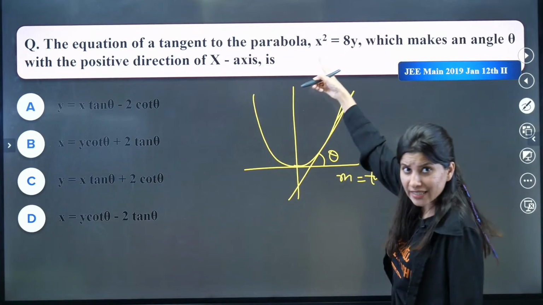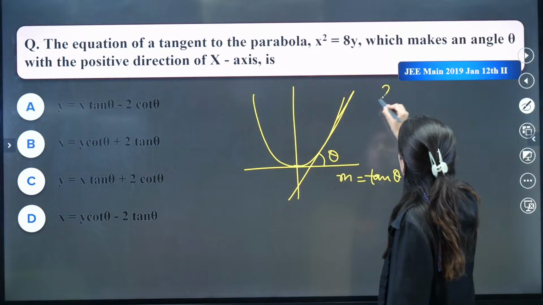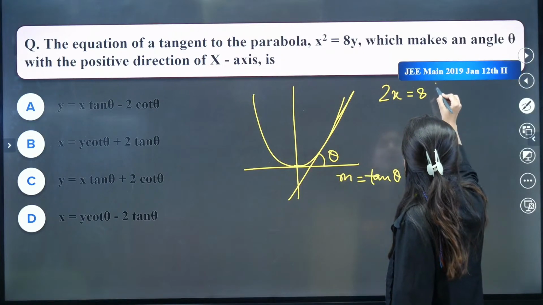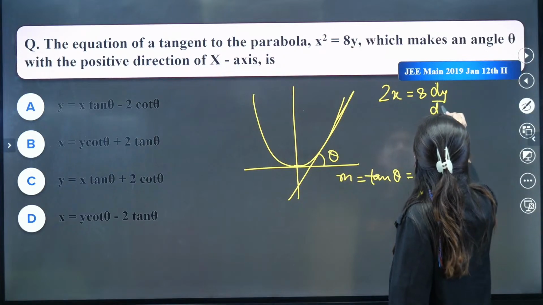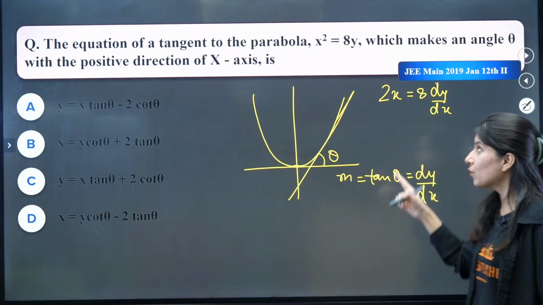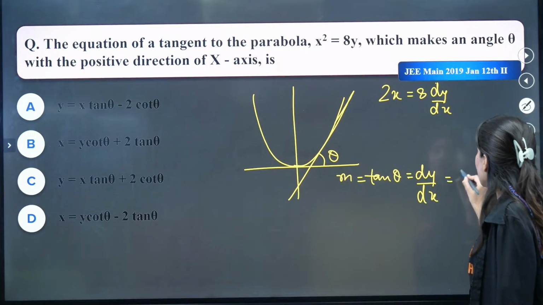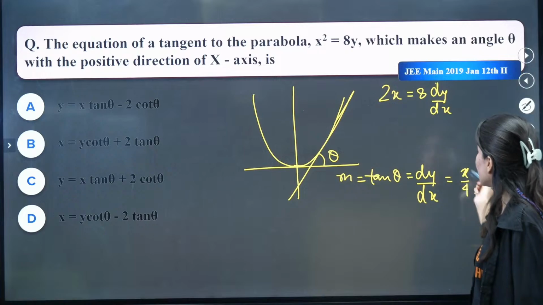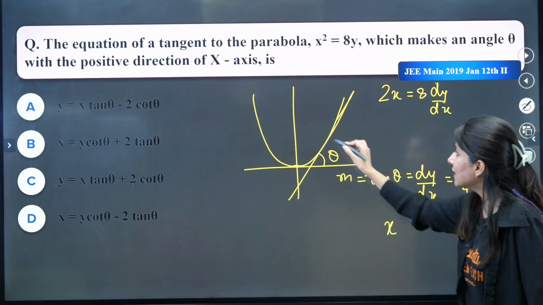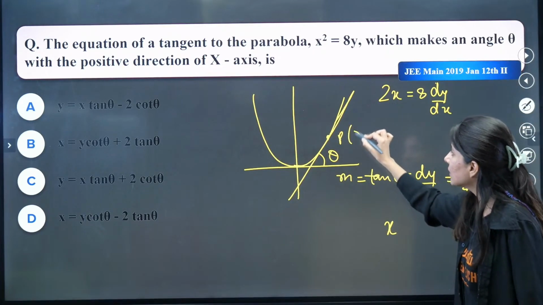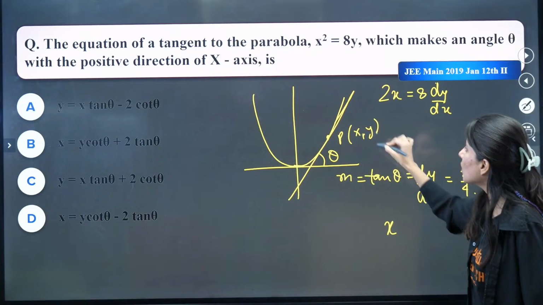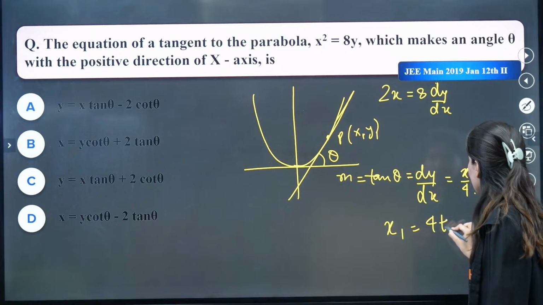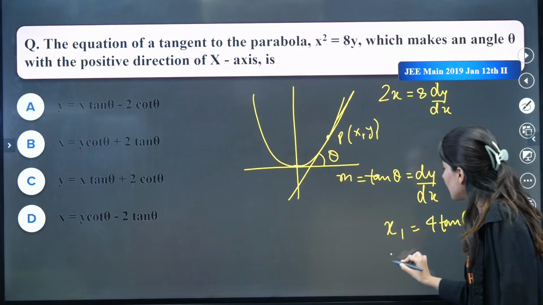Now, can I calculate dy by dx from here? So this is 2x is equal to 8 dy by dx. So dy by dx is nothing but x by 4. That simply means that the x coordinate at this point P, let us assume this is x1 comma y1, so x1 coordinate will be 4 tan theta. What about y1 coordinate?